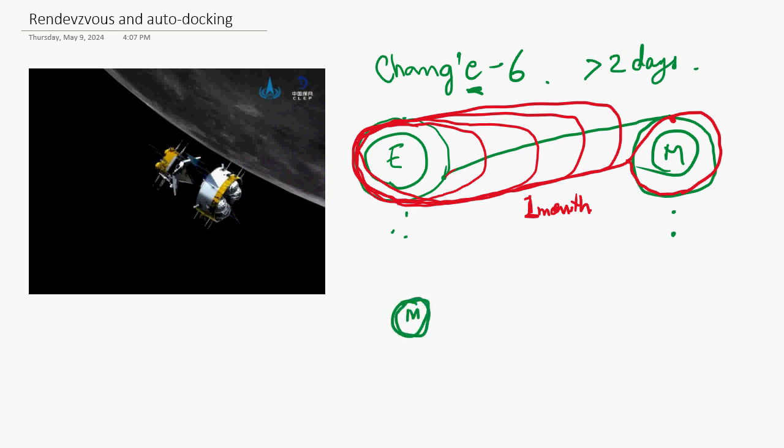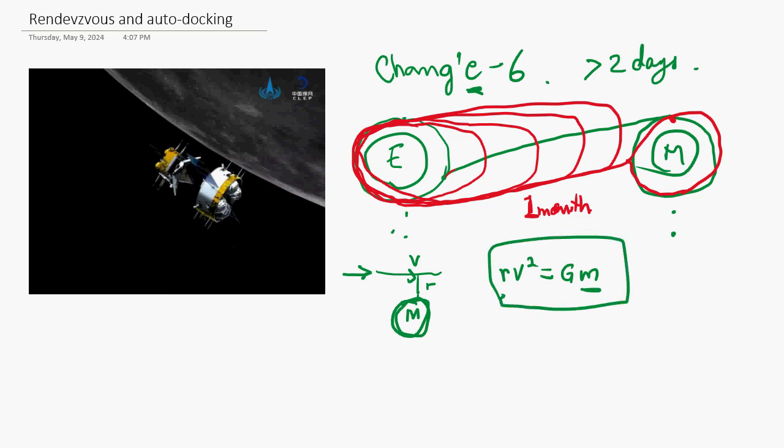This is the moon, and when you come in, this distance r and the speed v, this is a basic equation, where M is the moon's mass. If this r and v are just right, then it gets to the correct orbit immediately. But maybe r is too far or v is too fast.